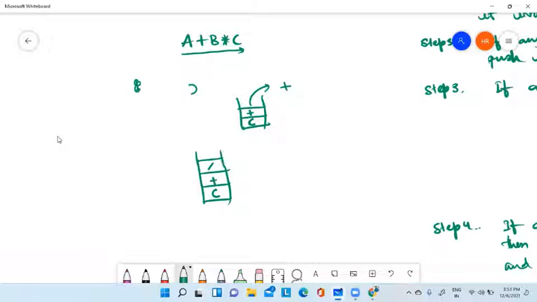Why? Because plus has lower precedence than division, that's why division is pushed. Now we have encountered a right parenthesis. Then what we have to do? Repeatedly pop all the operators. So first division will be popped, then plus will be popped, until the left parenthesis.